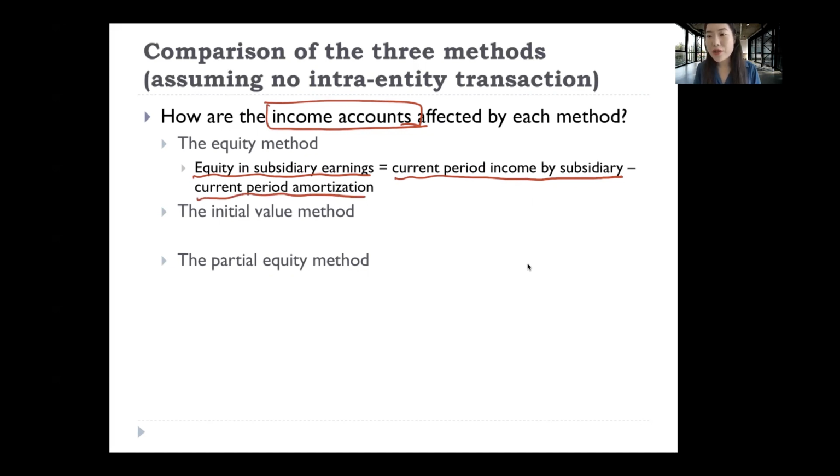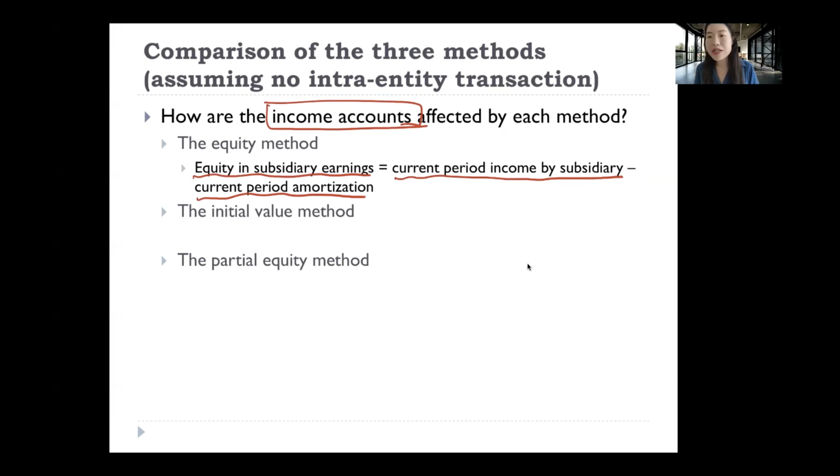Whenever we are doing amortization of excess payment, the journal entry is to decrease the equity in subsidiary earnings, because earnings has a balance on the credit side. So in order to decrease it, we're debiting equity in subsidiary earnings and we're crediting the investment account.